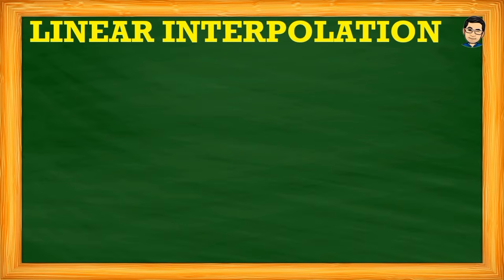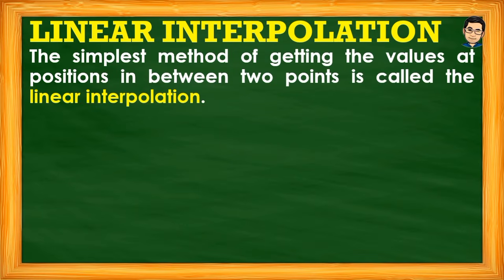The simplest method of getting the values at positions in between 2 points is called linear interpolation. Using the Mendenhall and Sincich method, we get the lower and upper quartile values. It is the same in this method, except that here we get the exact value of quartile 1 and quartile 3. These are the steps we must remember.